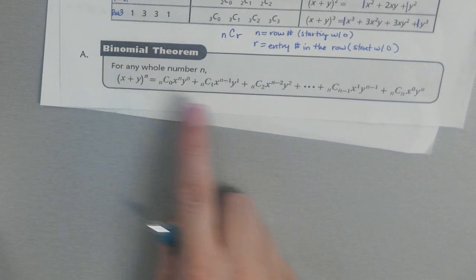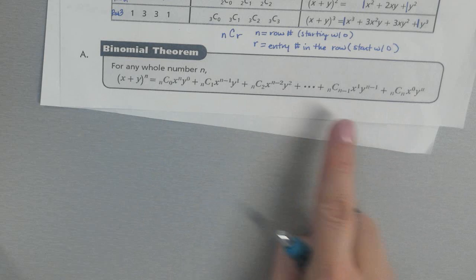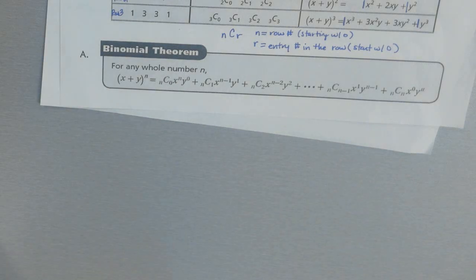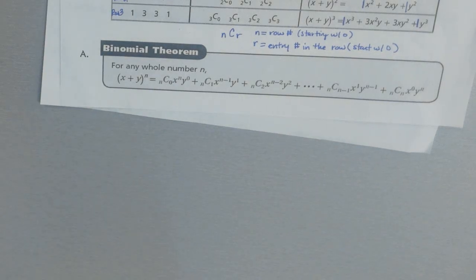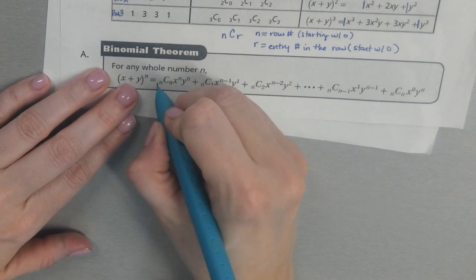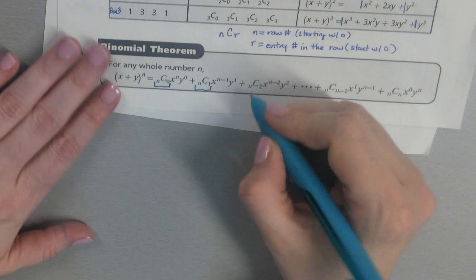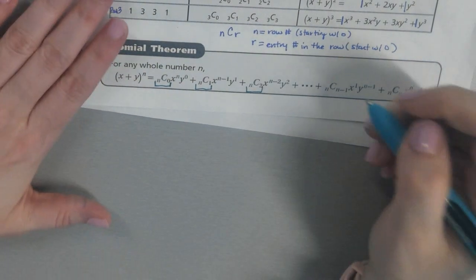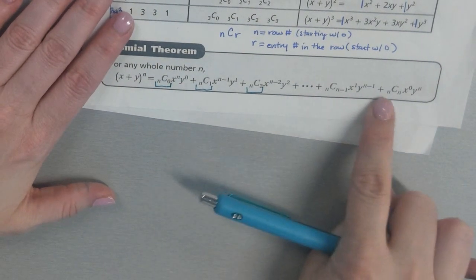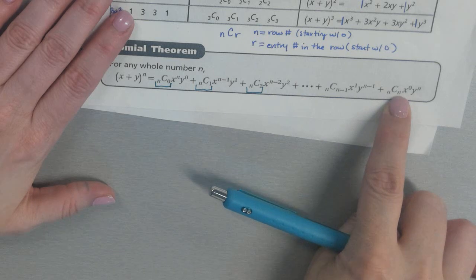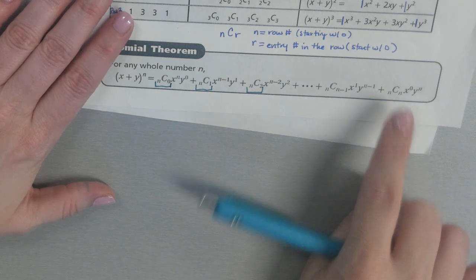So this is the binomial theorem. This is just the binomial expansion that we did, but it just looks a little crazy because you have this n choose 0 here, you have this n choose 1, n choose 2, and then that keeps going on until you get to the last numbers, the n choose n.